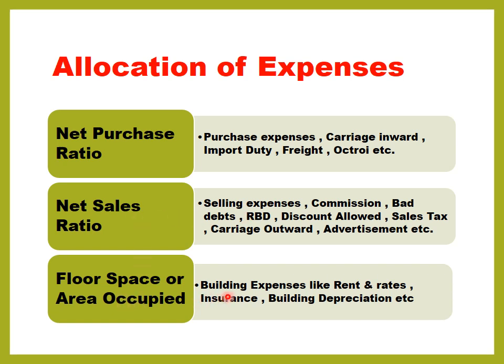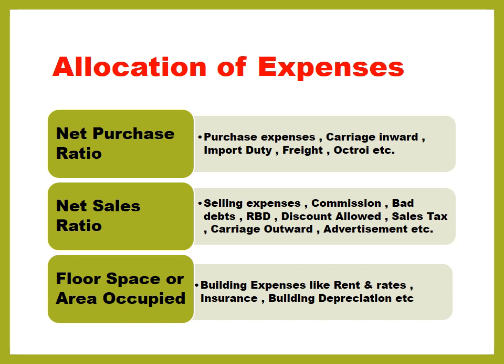Next, building expenses, like land and building expenses, rent and rates for building, insurance for building, building depreciation, etc. are to be distributed on the basis of floor space or area occupied. For example, Department A occupies 400 square feet.